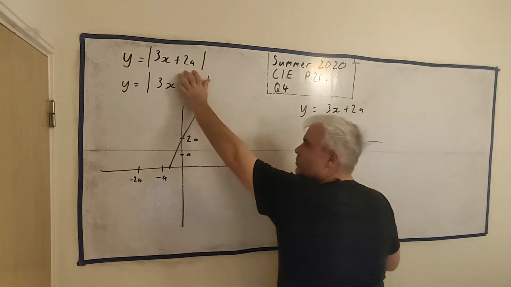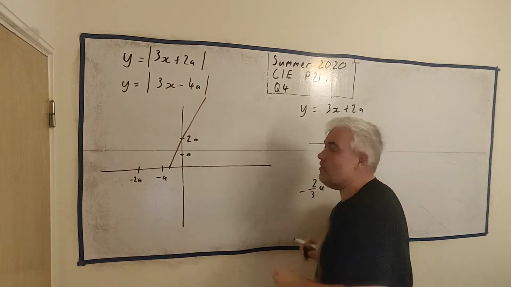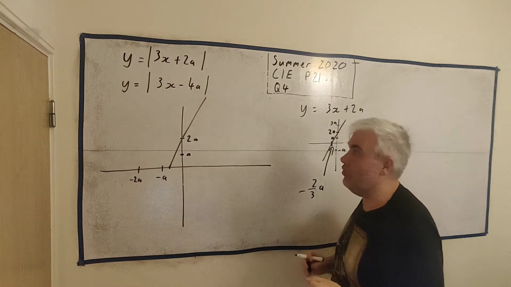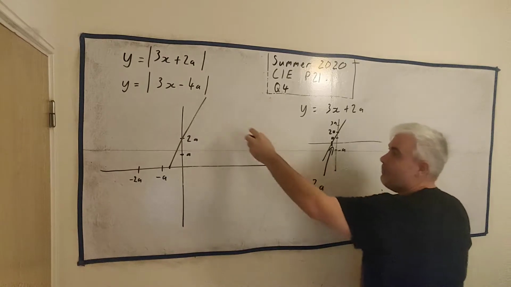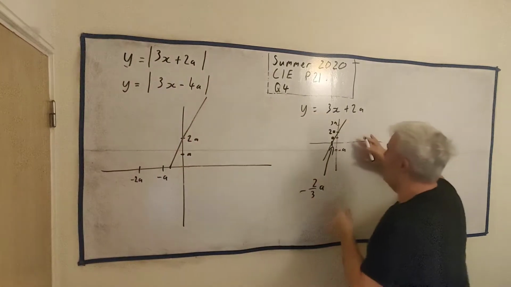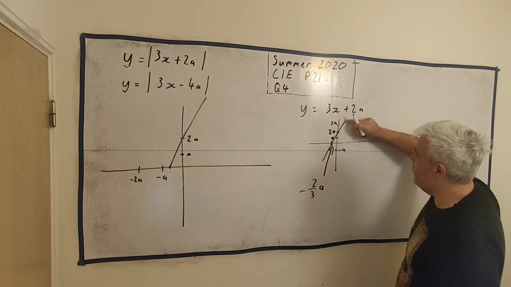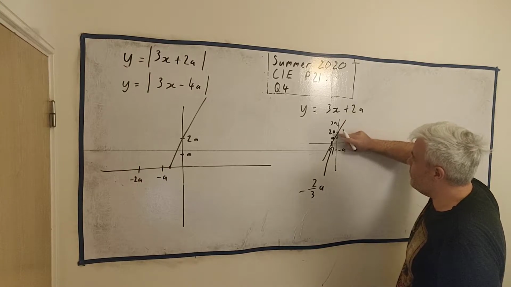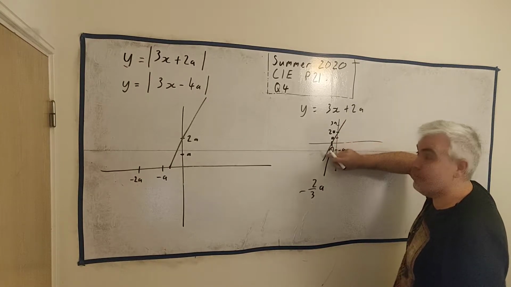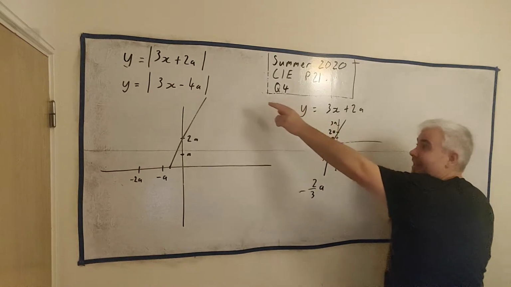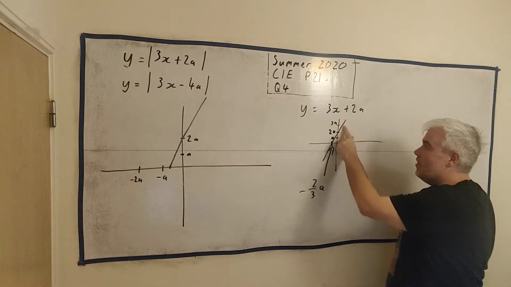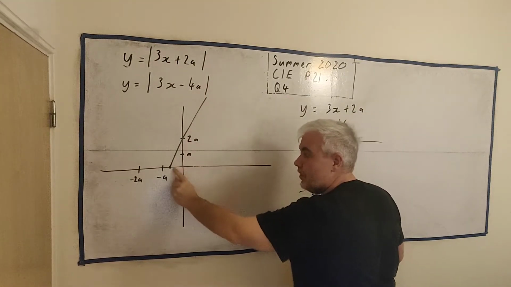What this absolute value tells us is that the answer is always going to be positive. So for example, y equals this. Y is positive, positive, positive, and then negative, negative, negative. So this absolute value is not going to change this drawing. That's why I was able to draw it here.